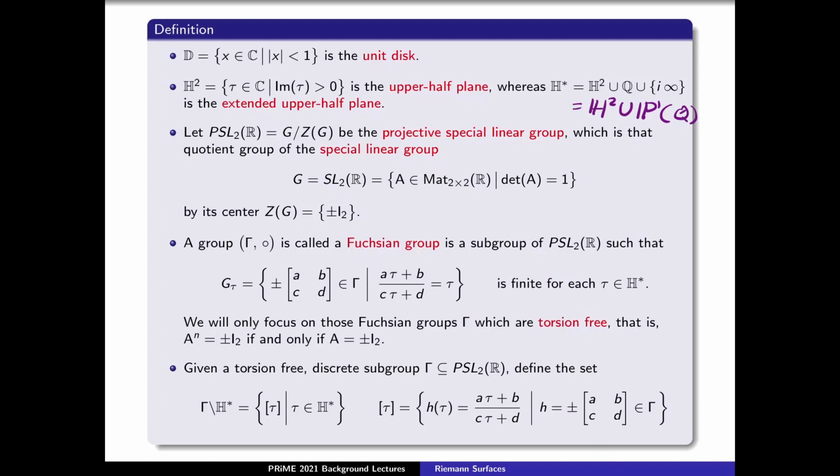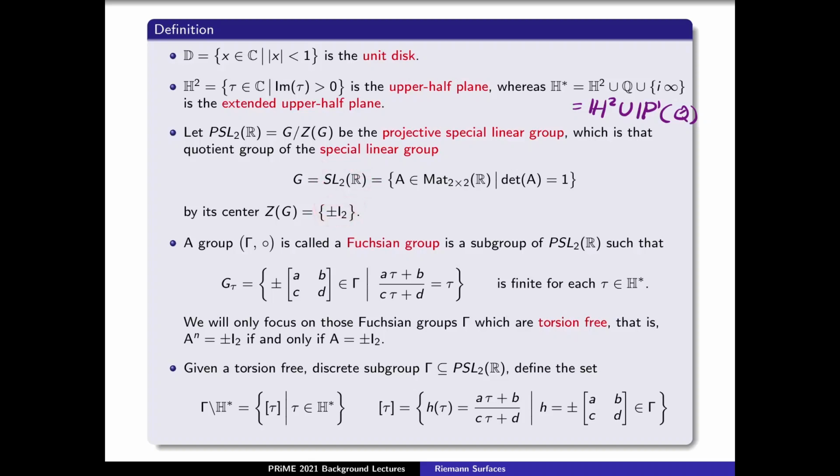Now, PSL2R is related to what we have seen in the problem set. So last week you were introduced to the special linear group of degree 2, and that was a collection of 2 by 2 matrices that had determinant equal to 1. Well, PSL2R is just going to be SL2R modulo the center of SL2R. And in this case, it happens that the center of SL2R is just plus or minus the identity.